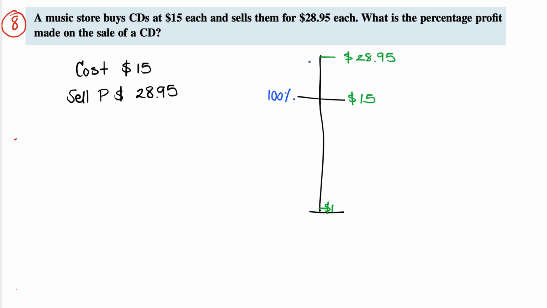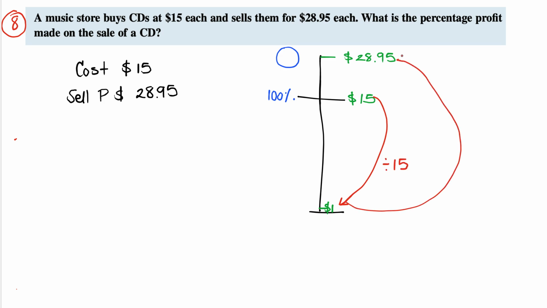So I'm going to divide by 15 and then multiply by 28.95. Take out your calculators: 100 divided by 15 multiplied by 28.95, enter, and I get 193%.